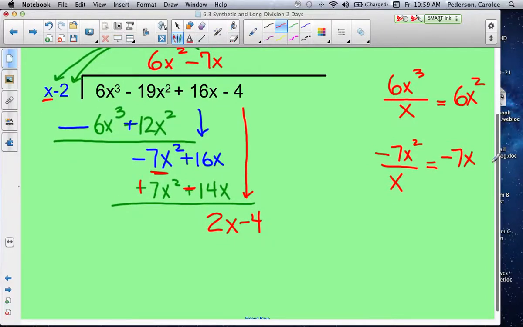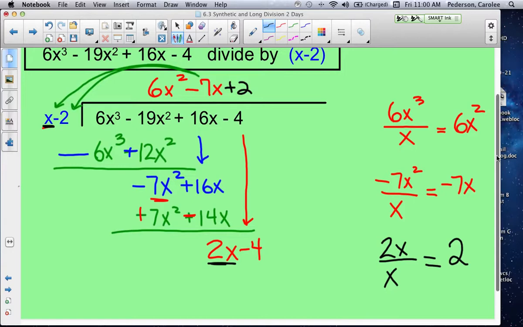All right, I'm going to focus on the first term again. How many times does x divide into 2x? So I'm just going to write it off to the side. 2x divided by x is, the x's will cancel, and I'm left with 2. So that's going to go up on top.